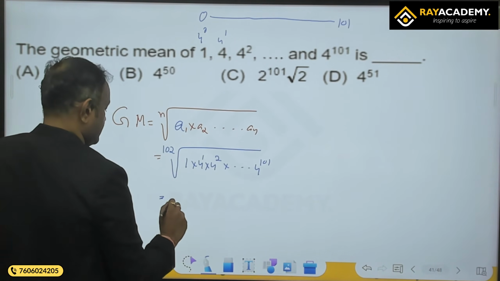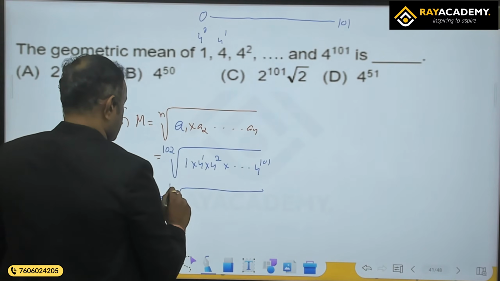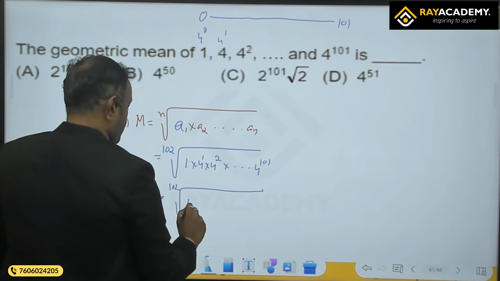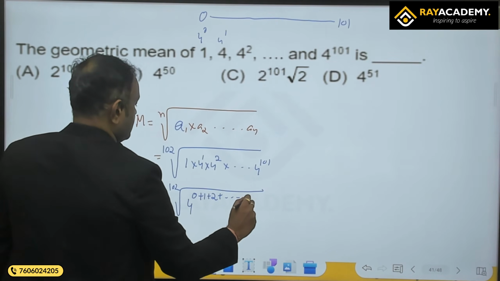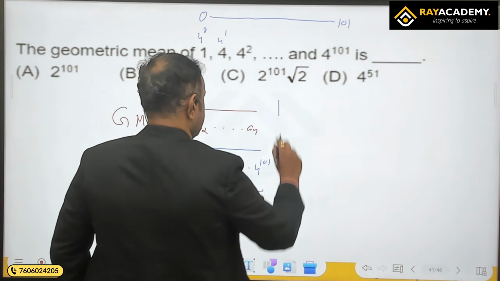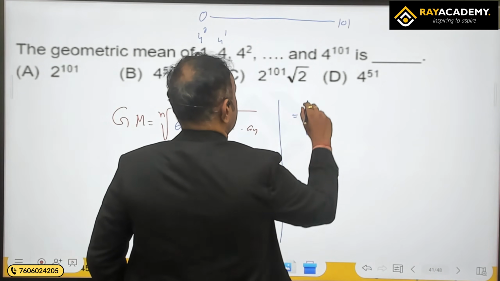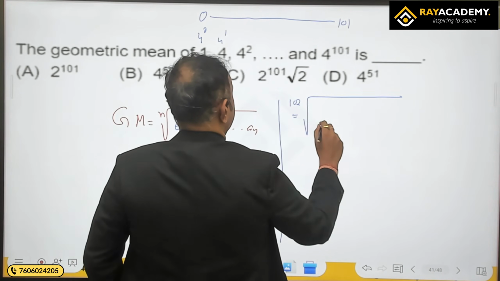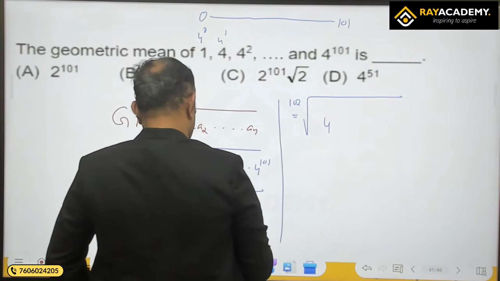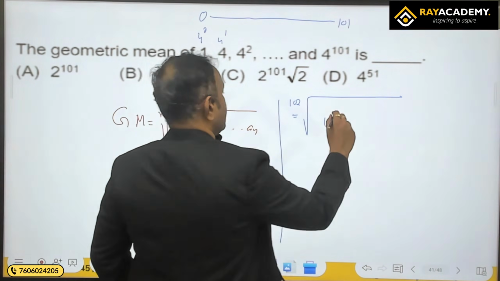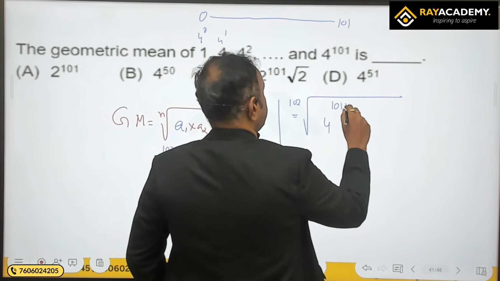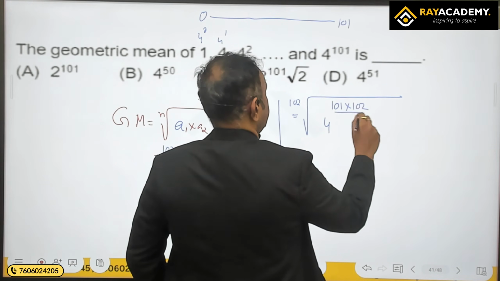So this will be the 102nd root of 4 to the power 0 plus 1 plus 2 up to 101. This is the sum of n consecutive numbers from 1 to 101, so you can just write n into n plus 1 by 2, that is 101 into 102 by 2.